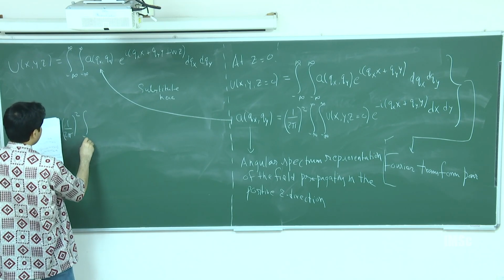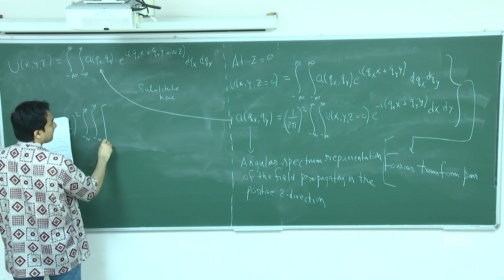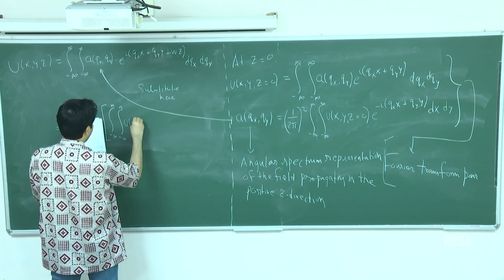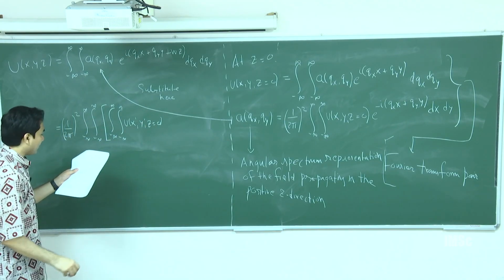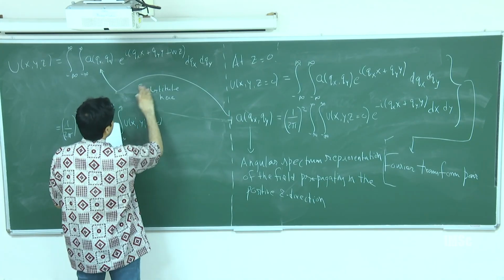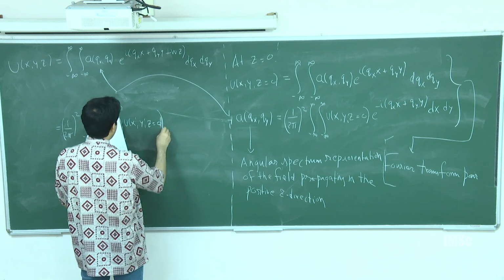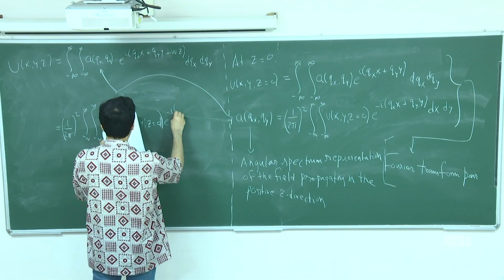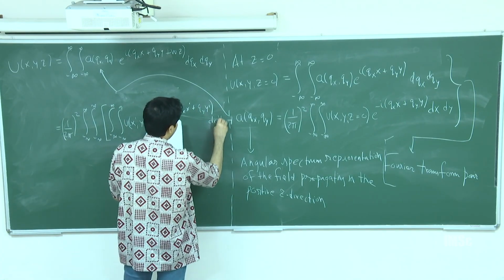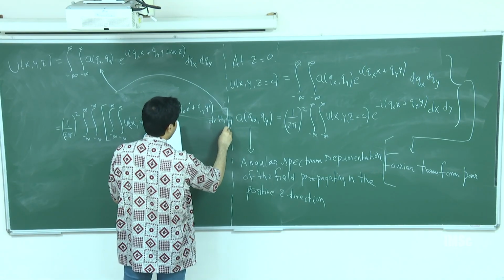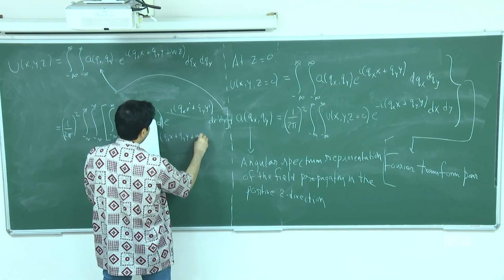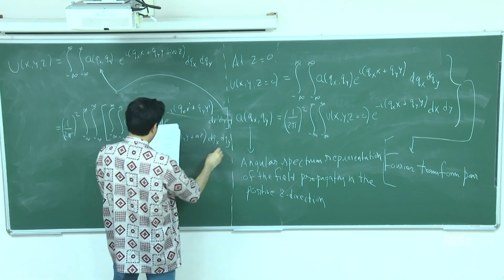So when we do this, we get, using different dummy variables, so this is what we have.